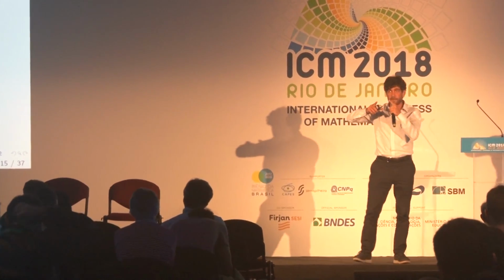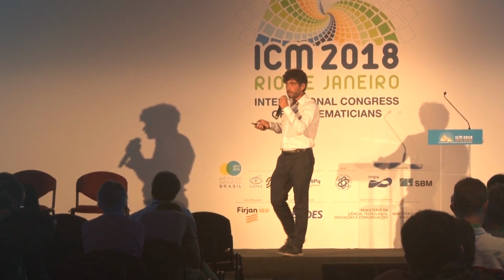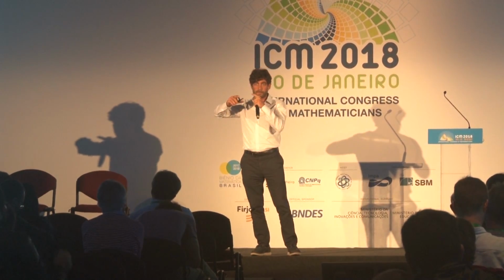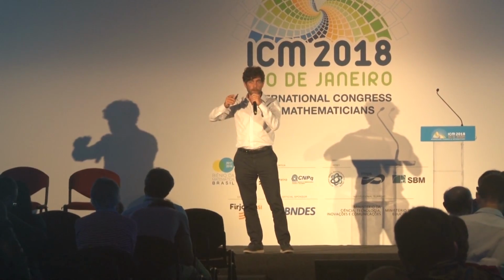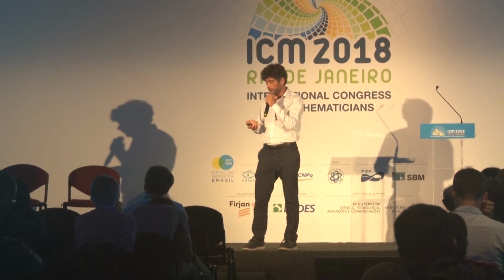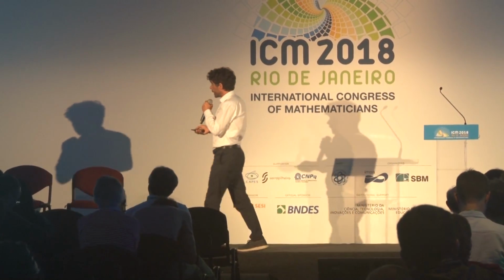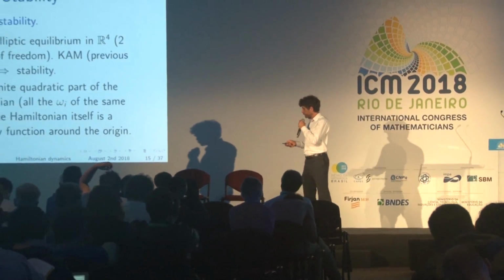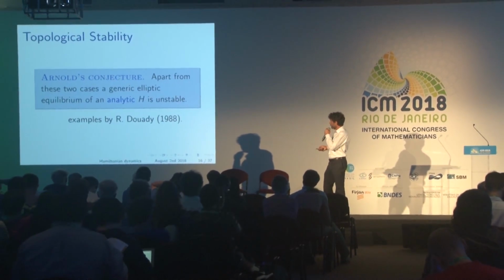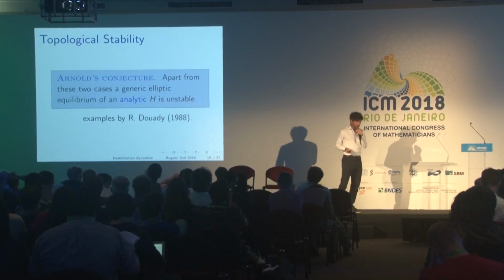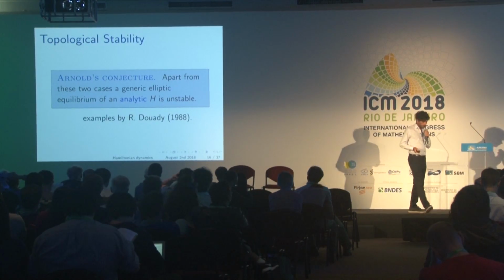You just have to see that the energy surfaces are ellipsoids, and therefore the dynamic is stable. So Arnold's conjecture is that apart from these two cases, the equilibrium is unstable.